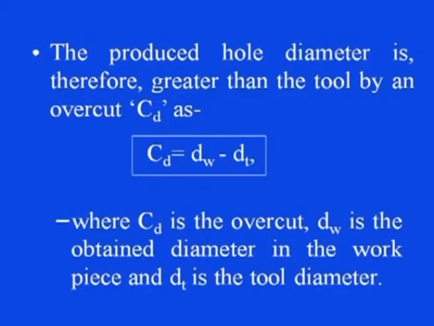The produced hole diameter is therefore greater than the tool by an overcut CD, which can be expressed as CD equal to dW minus dt, where CD is the amount of overcut, dW is the obtained diameter in the workpiece, and dt is the tool diameter.